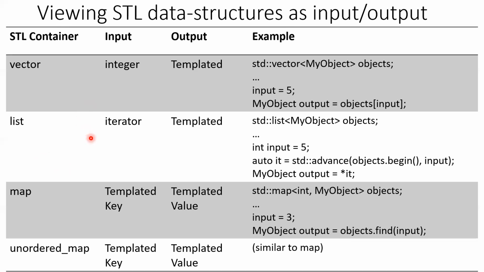List takes in an iterator, the output is templated, and you can use the advance function to obtain any element in the list. The advance function will just take the iterator and advance by the input number of steps. Map takes in two templated values, and similar for unordered map.